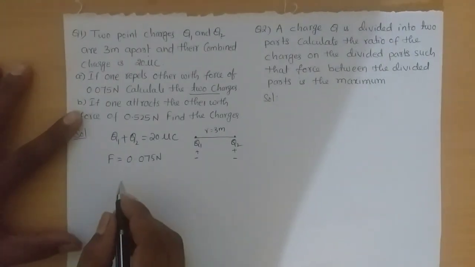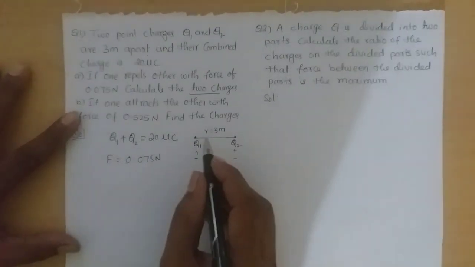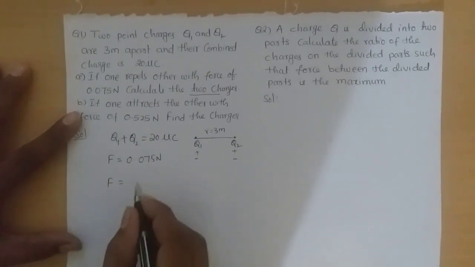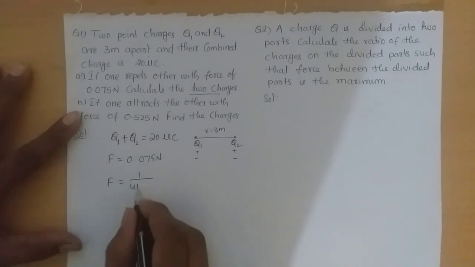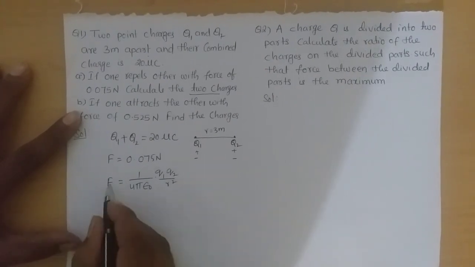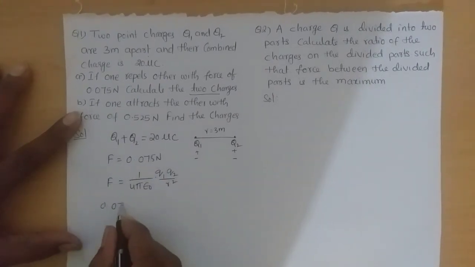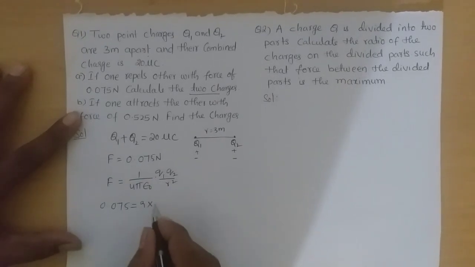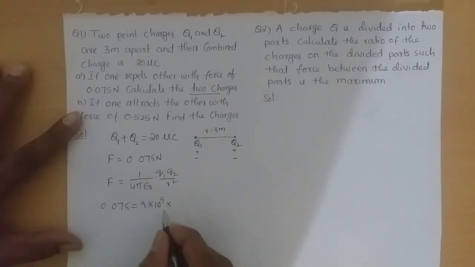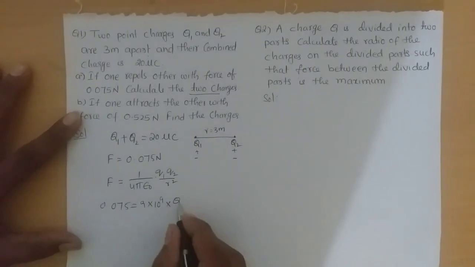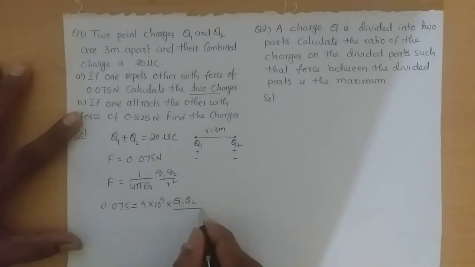We know the formula already. The electrostatic force between the two charges, F equals 1 by 4 pi epsilon naught, q1 q2 by r square. The F value given is 0.075. The value of 1 by 4 pi epsilon naught we know already, 9 into 10 power 9, times q1 q2 by r square.